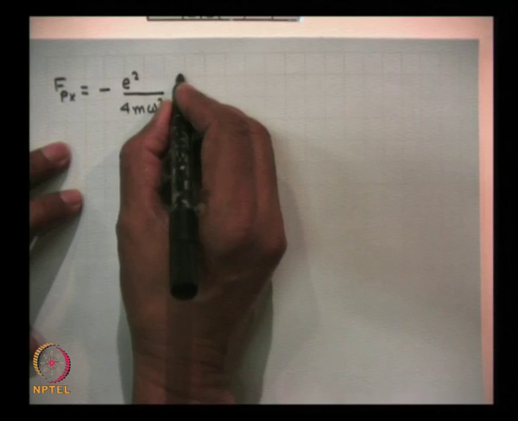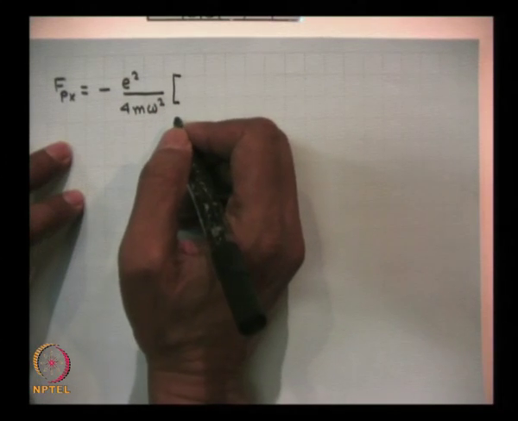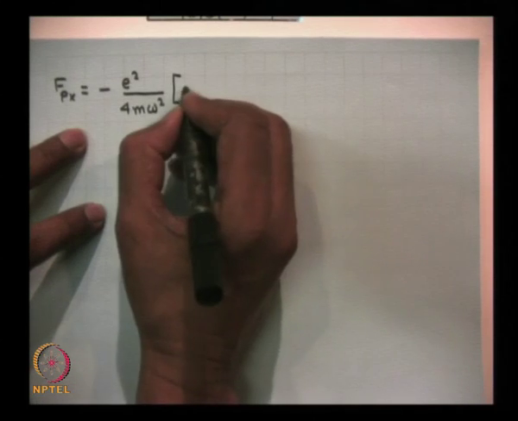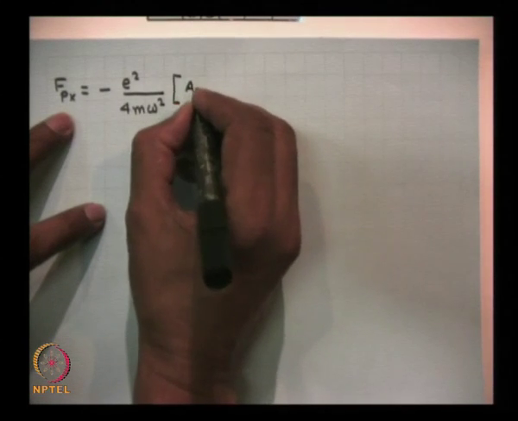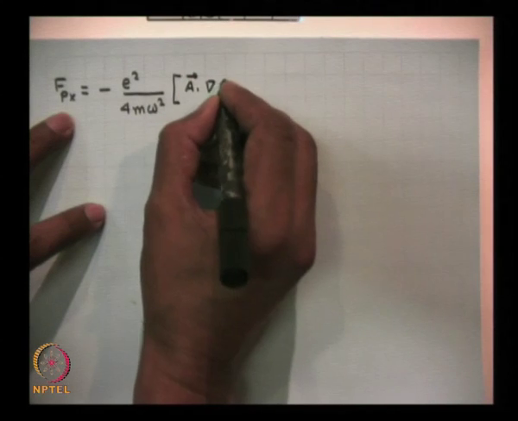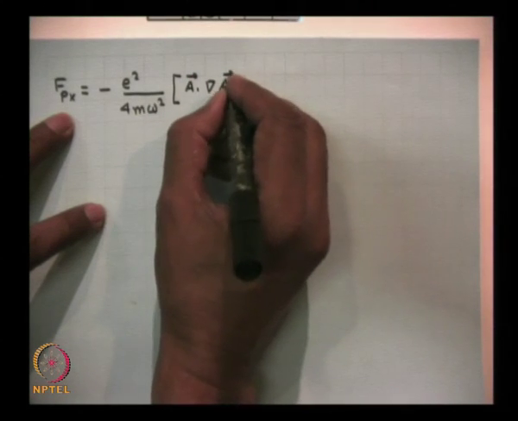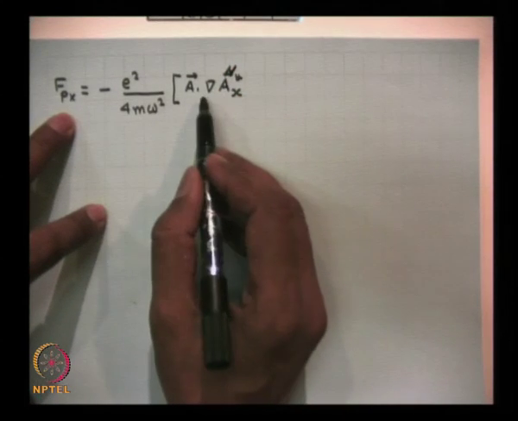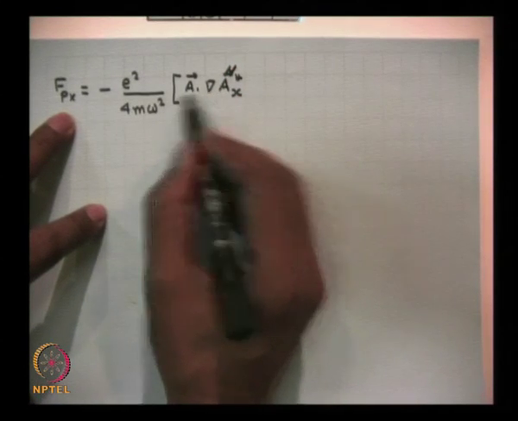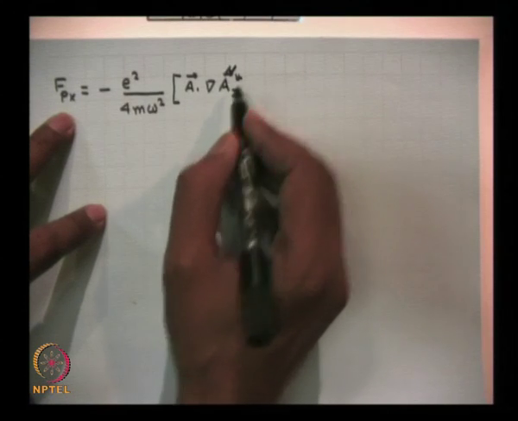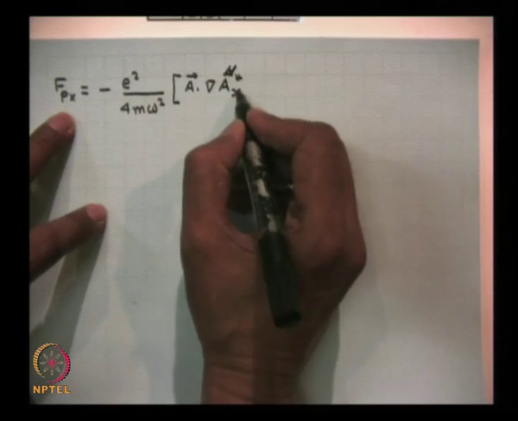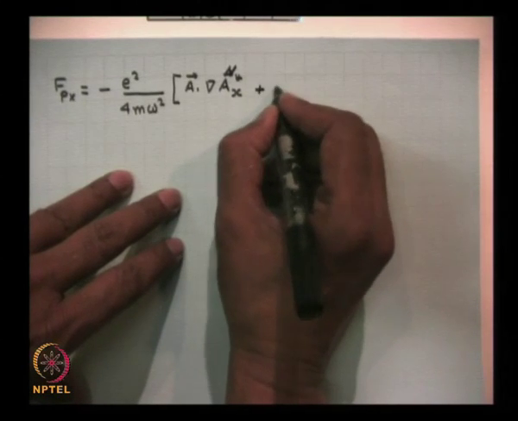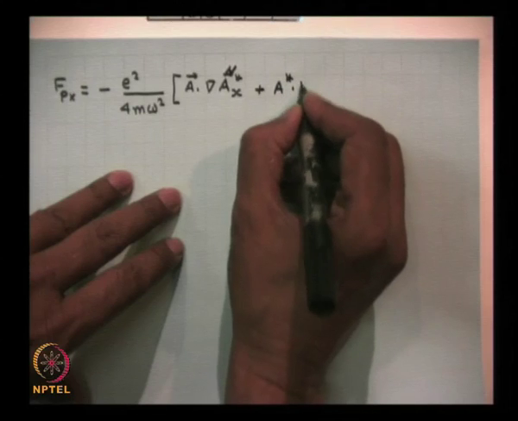Now, the first term was A dot del A star. I am writing the x component, so this will be A dot del of the x component of A star. Forget this sign here, because A dot del is a scalar quantity. So, when I had written A star, I should write like this, plus the second term was A star dot del, which is a scalar quantity.